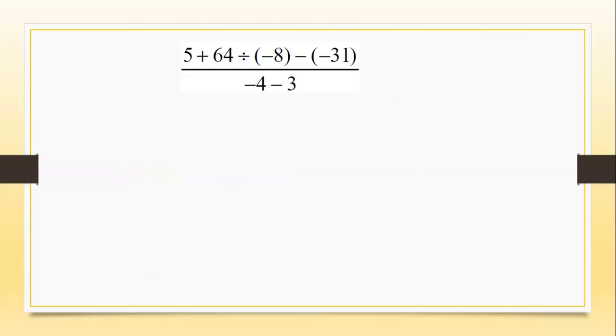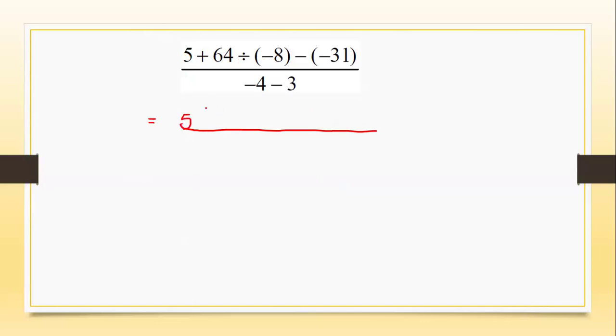5 plus 64 divided by negative 8, subtracting negative 31, divided by negative 4, subtracting 3. Dealing with the numerator first. Cannot touch the 5 yet because I have a division in here, so I need to deal with my division first.